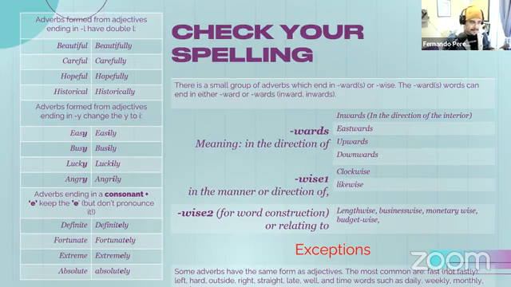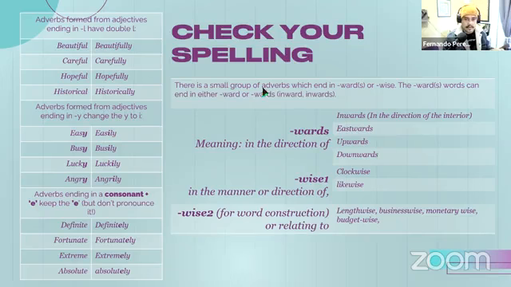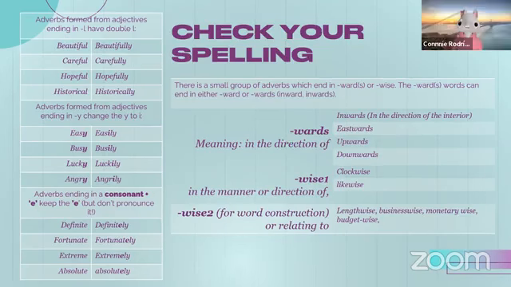Okay, check this out. Help me with this rule, Connie. There is a small group of adverbs which end in wards or wise. The ending can be either ward or wards. Inwards, in the direction of the interior.